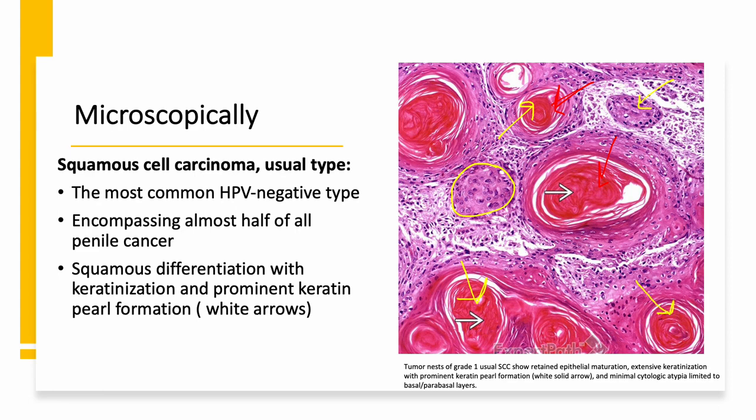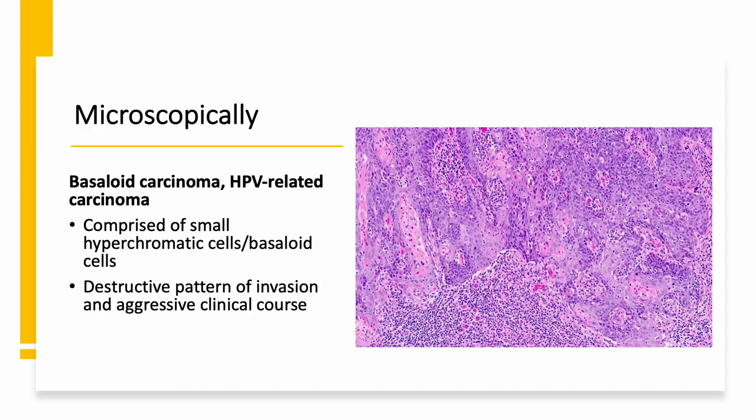Squamous cell carcinoma usual type composes almost half of all cases of penile cancer. Squamous differentiation is the most common manifestation, and usually it's HPV negative carcinoma. In contrast, basaloid carcinoma is HPV related.